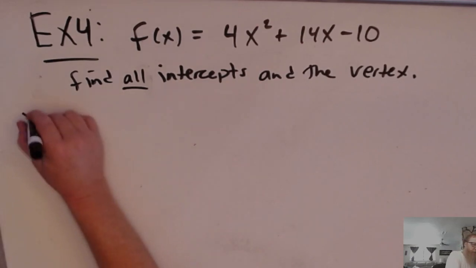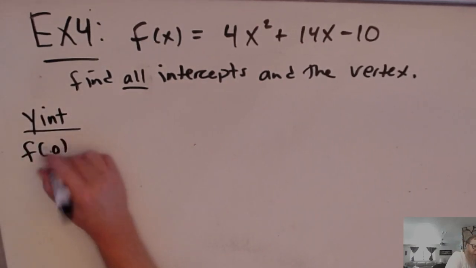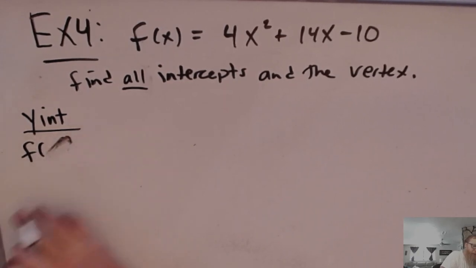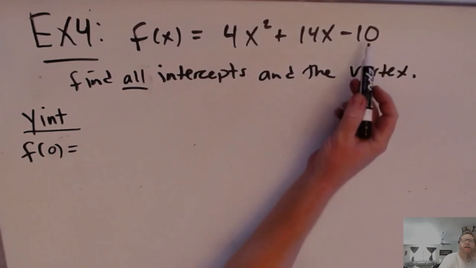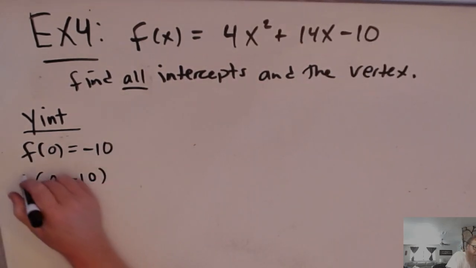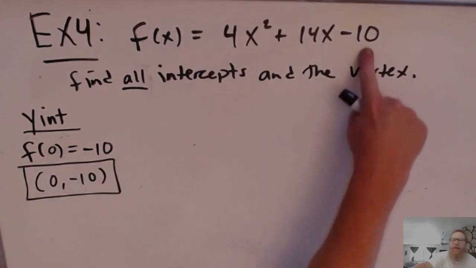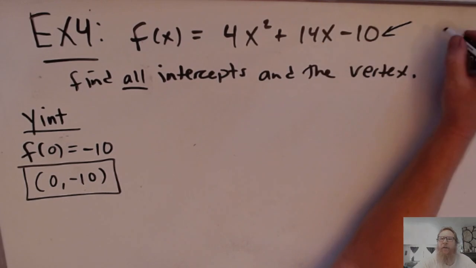Let's find the easy one first. The y-intercept. Just plug in 0. And that one should basically come out for free. Have you caught on yet? I hope you have. It's just going to be the last number, the constant term, if the equation is in standard form.